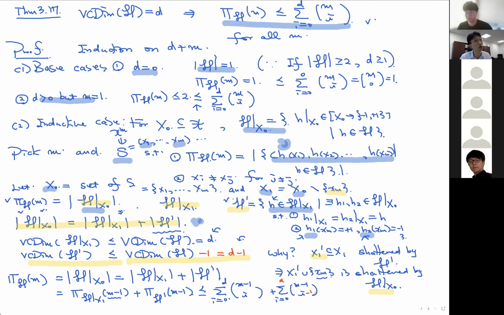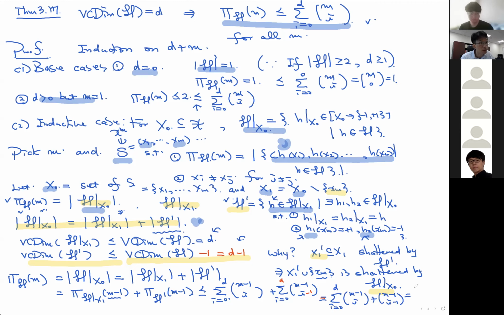So we can always do it this way. Then once we do this change, that is the same as the summation i equal to 0 to d of n minus 1 choose i plus n minus 1 choose i minus 1.